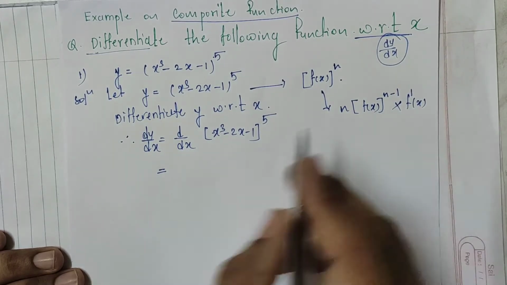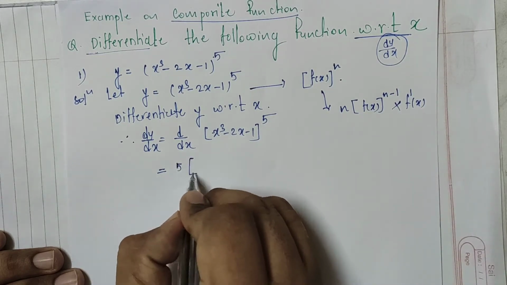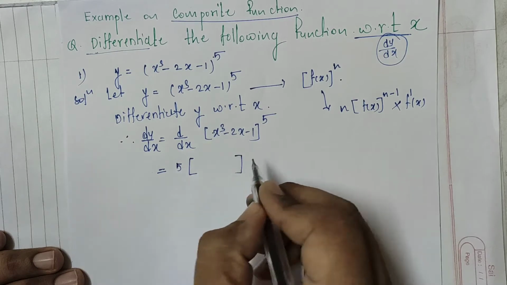Therefore, using this formula, n means 5 first, then in bracket f of x.